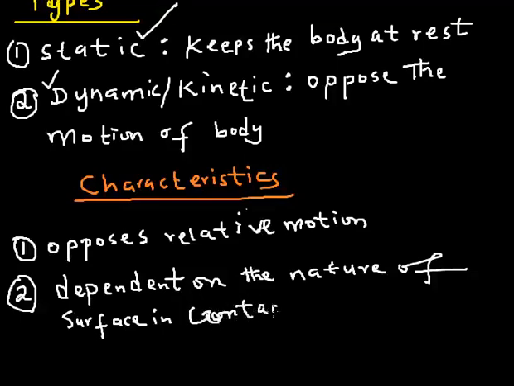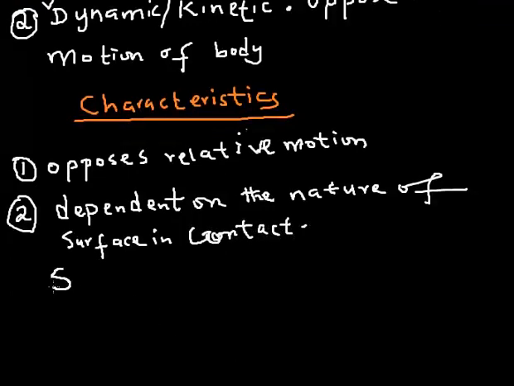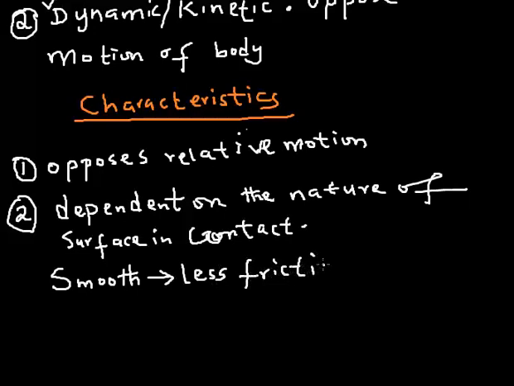Which simply means that there are two types of surface. If a surface is smooth, then it has less friction, which means less opposition to motion. While when the surface is rough, you have more friction.